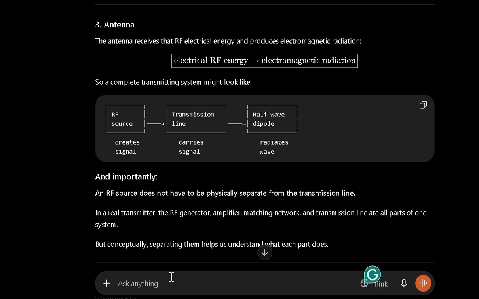Our mobile phone generates RF. Our mobile phone also generates a radio wave when we call somebody.